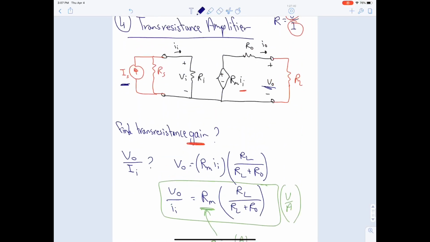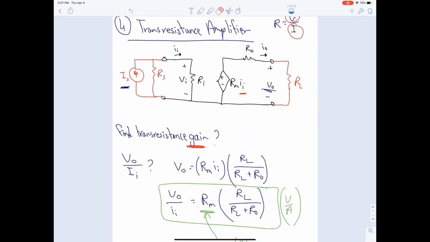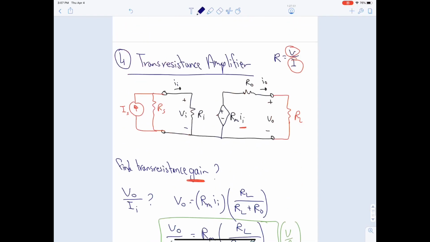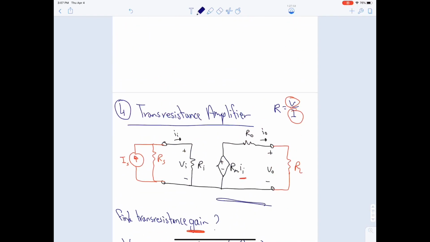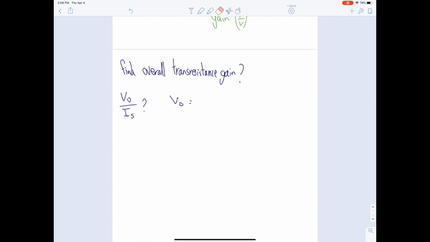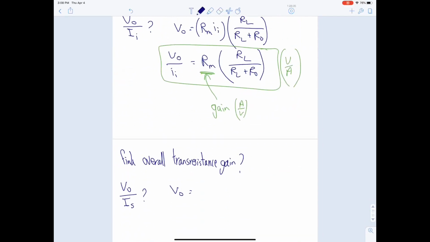Now, try to find a relationship between V output and I input. It's voltage division, right? And then after we find this relationship, we'll move on to the second relationship between I input and Is, and then we substitute. So V output is Rm I input multiplied by RL divided by RL plus RO.